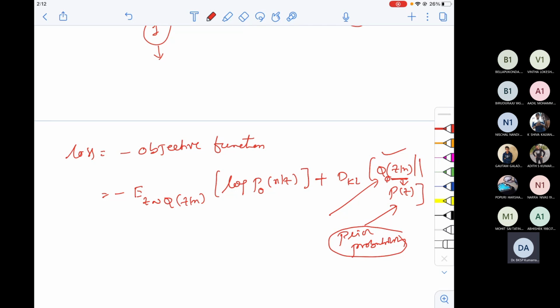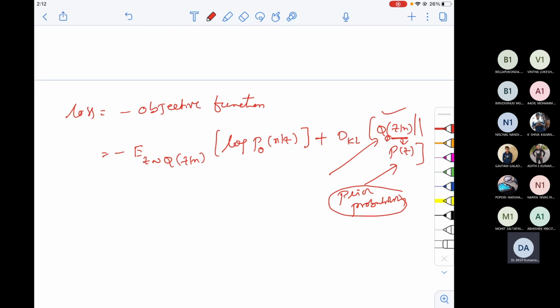Now let us see the first term; I'll come back to the second term again. This term is called the reconstruction term, because P of x given z is the decoder term.